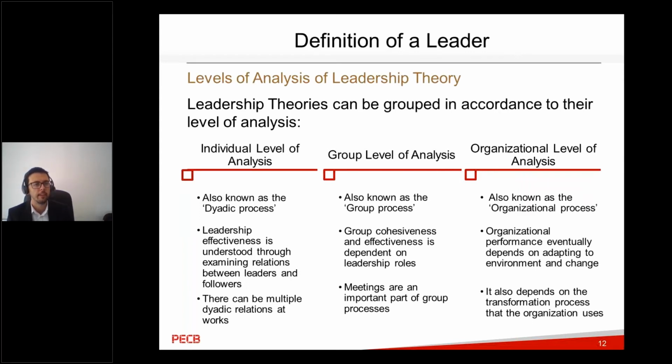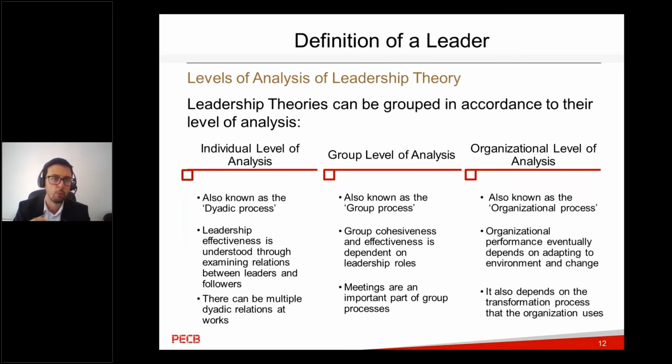And we ought to understand also that within one organization or even within one business unit, there can be a lot of dyadic relationships between the leader and employees. So basically, a leader might have a specific relationship with each of the employees, as well as other relationships with the groups or the organization in general. So this kind of targeting individuals, this interpersonal connection that a leader has with each of the employees, is something that is studied within the individual level of analysis.